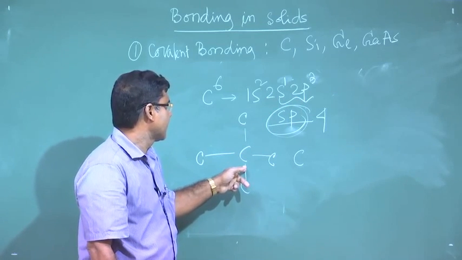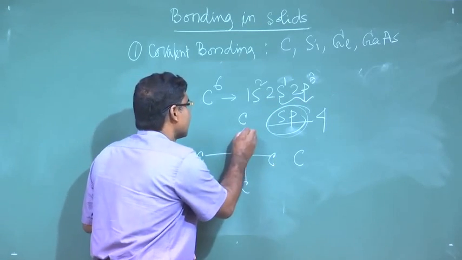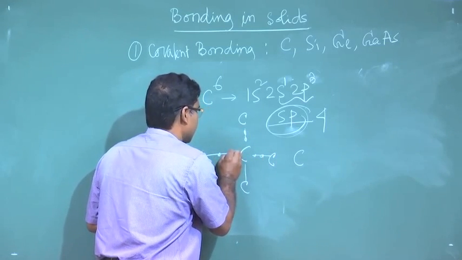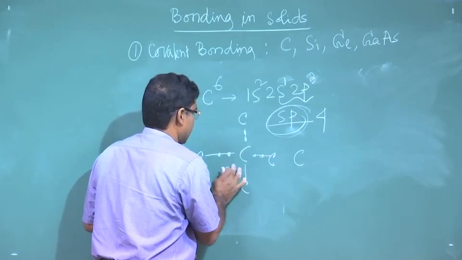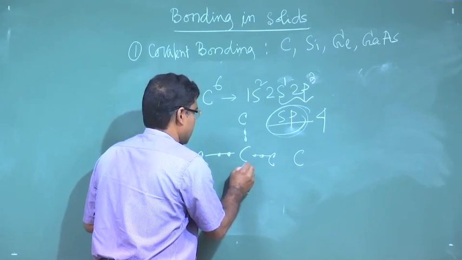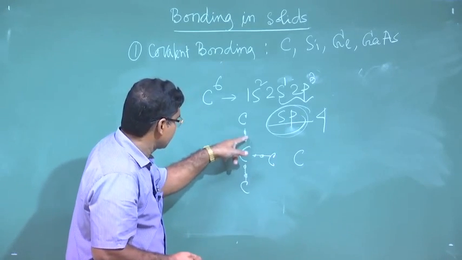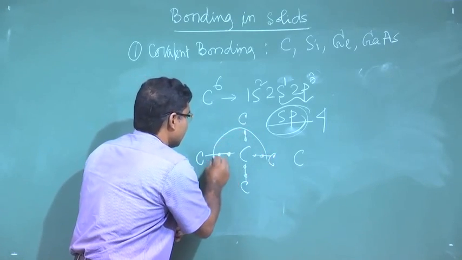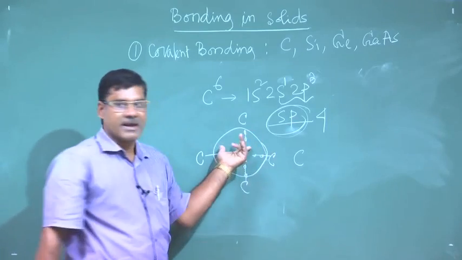So, as if they are sharing. It has 4 electrons, so it is sharing with 4 carbons. Then it will fill up to 8 electrons.